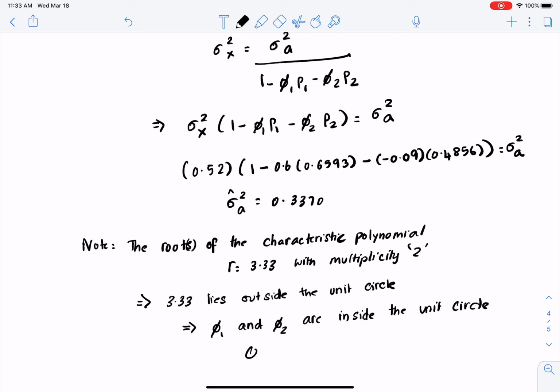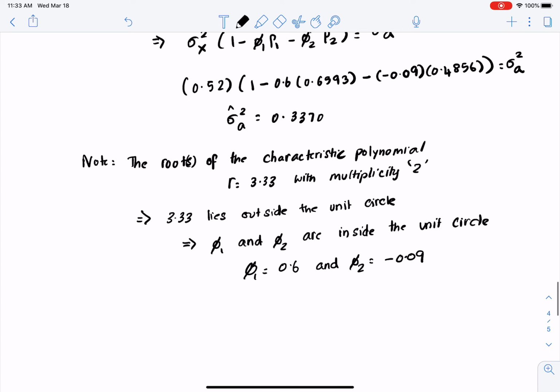We have phi1 to be 0.6 and phi2 to be negative 0.09. They both lie inside the unit circle. This would imply that the series is causal and stationary.